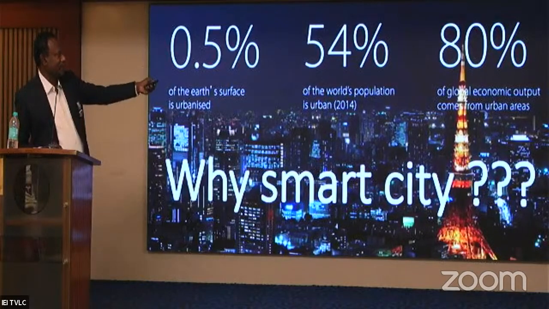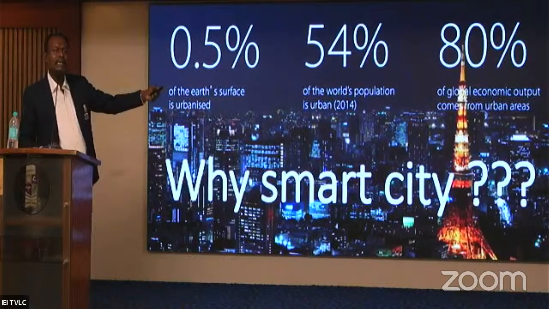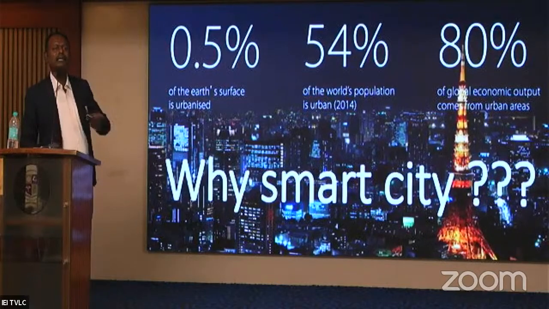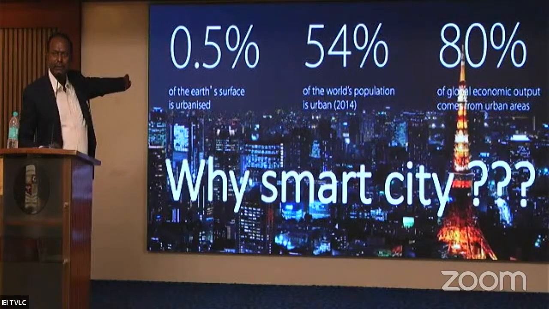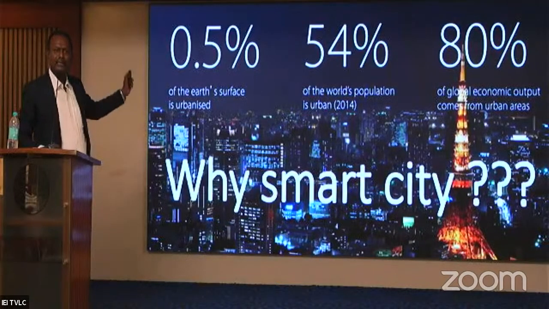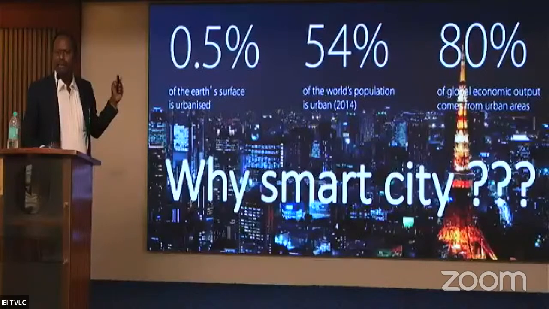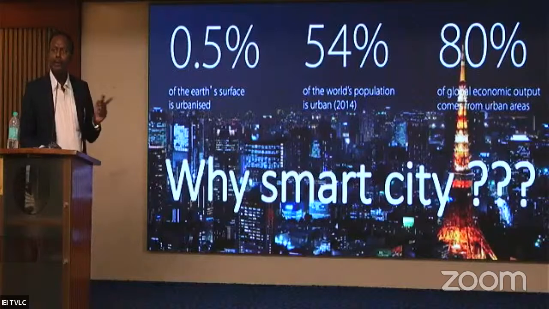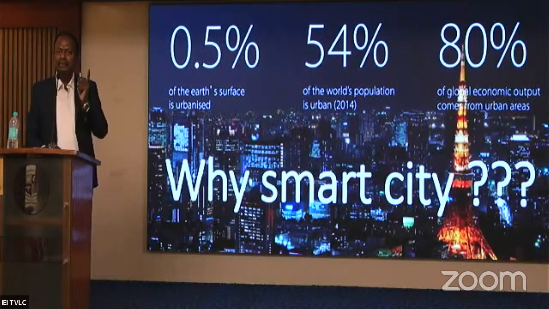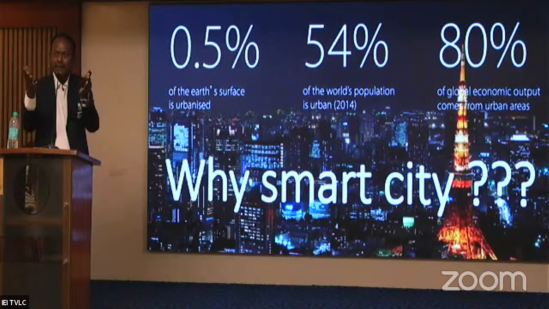Then what happens here? 80% of the economy of the entire world is generated from this 0.5% of the land mass. Now you understand the connectivity? So when such a huge population is there in this 0.5% of land mass, now imagine the type of facilities needed.